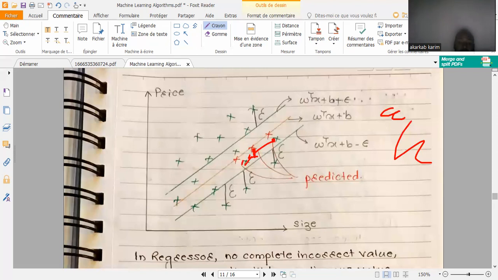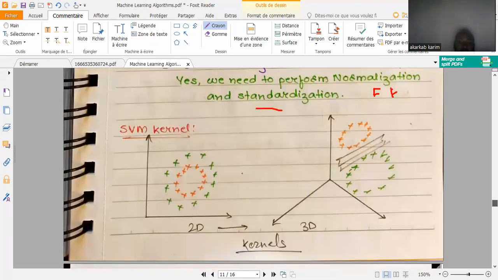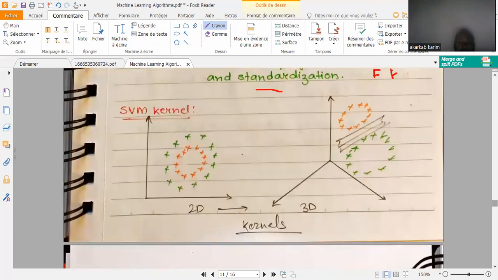If we look at this special case, it's not really special, but you know, we face it. If we look at the pattern of this data, it is not linearly separable. If we try to use a linear separator, going with a straight line, it's not possible to separate this data.